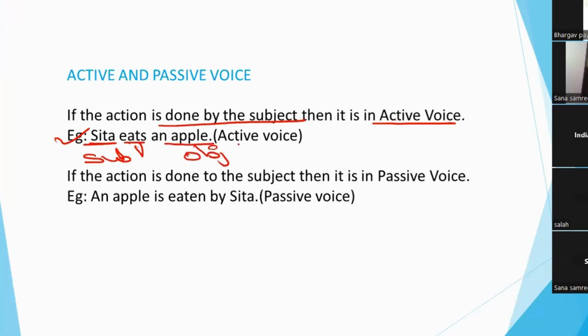So our sentence consists of subject plus verb plus object, right? And if you notice in this sentence, Sita, our subject, is doing some action on this object, apple. Sita eats an apple. So from this example, you can clearly understand that the subject Sita is doing some action on the object apple.